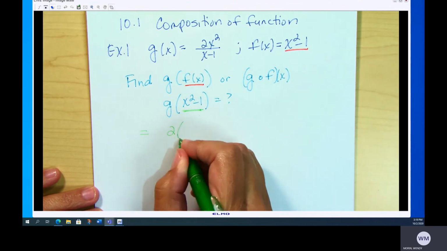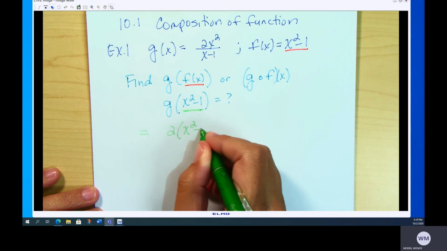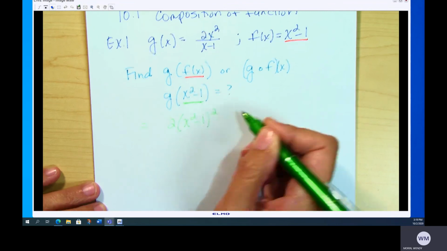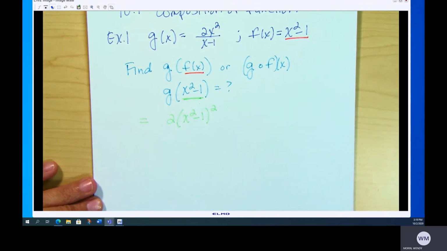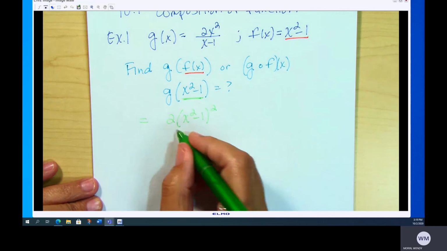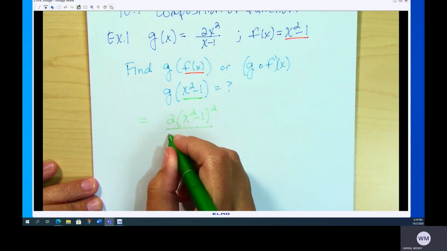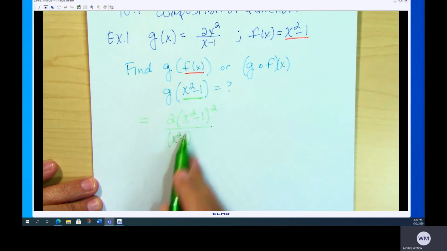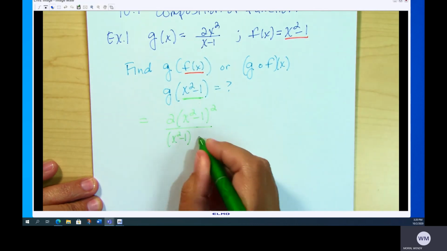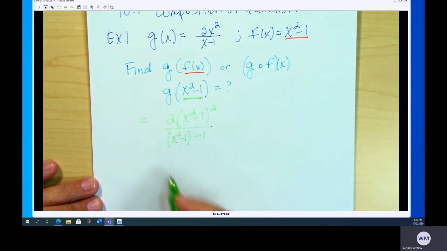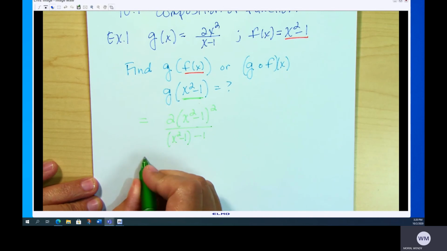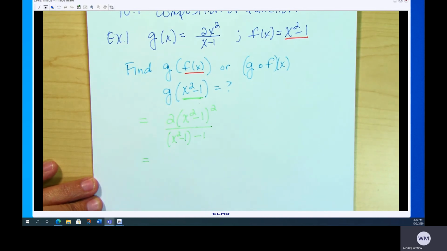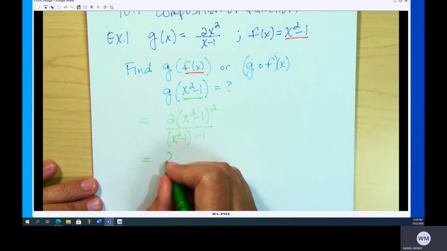So it's going to be 2 times x squared minus 1 squared, all over x squared minus 1, again replacement with our input, minus 1. Okay? So that's your answer. Now let's just simplify it.